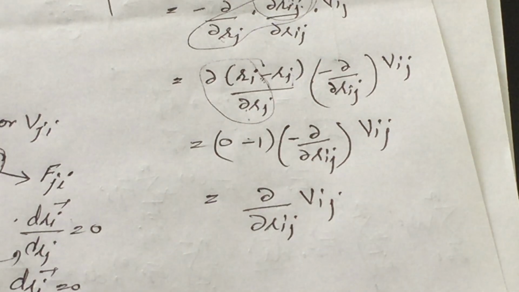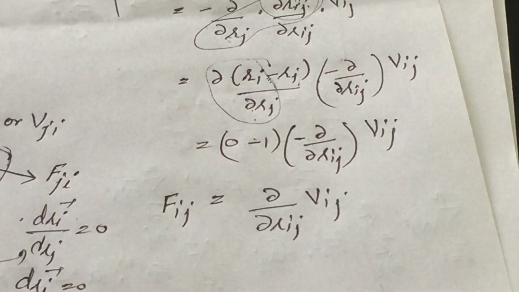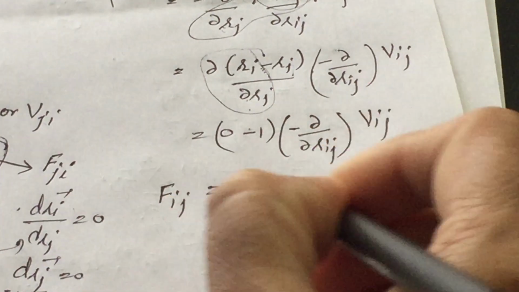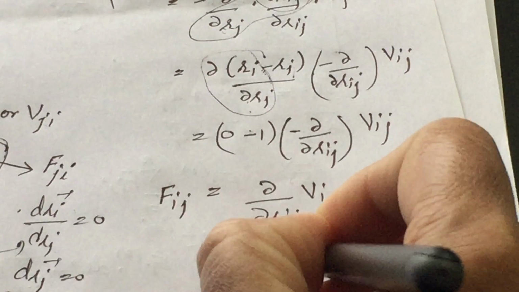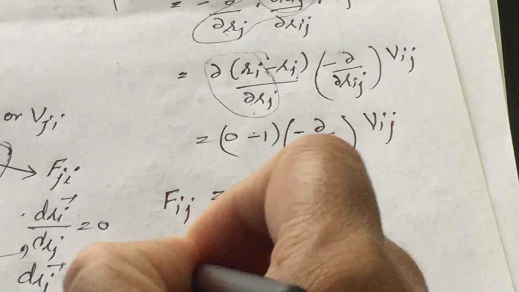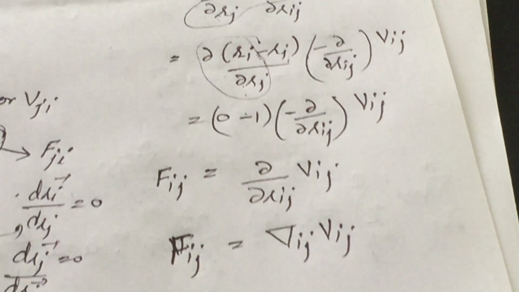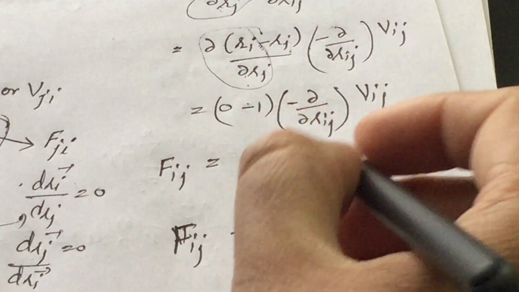Negative negative becomes positive here, and this is our Fij, which can be written in the form of del ij Vij, and this is Fij, the force on the jth particle due to the ith particle.